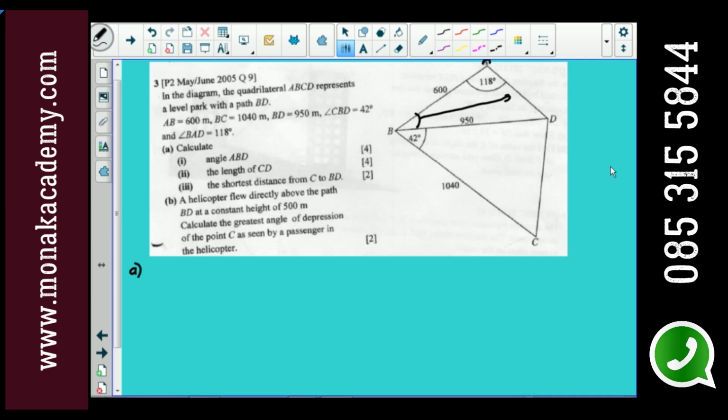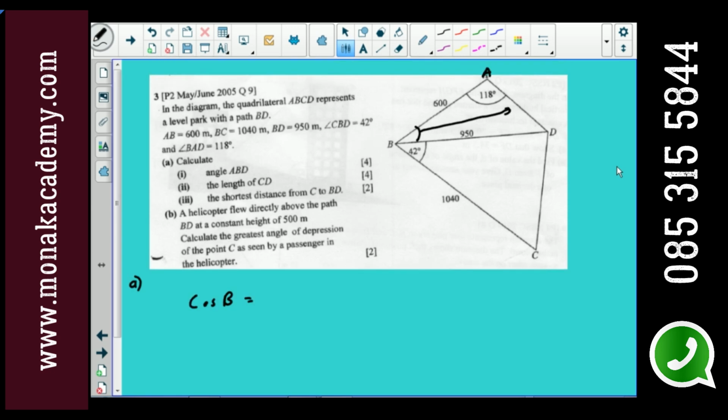Yeah, so in this case we want cos B. So cos B equals to the sides, which is 600 squared plus 600 squared. What is wrong with these guys?